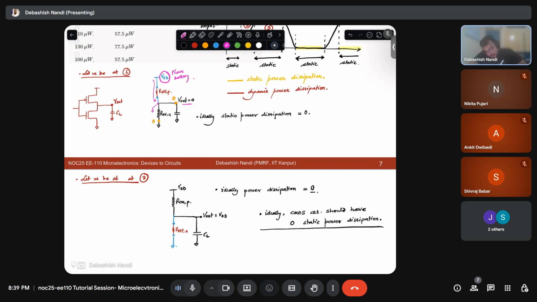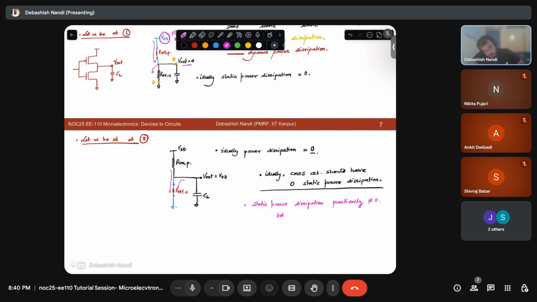Same thing is happening here. If this is VDD, there is a path of current flowing through this R off. So static power dissipation practically is not equal to 0, but very less in CMOS circuits.